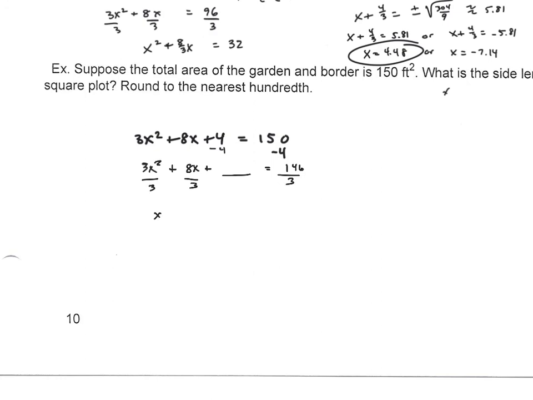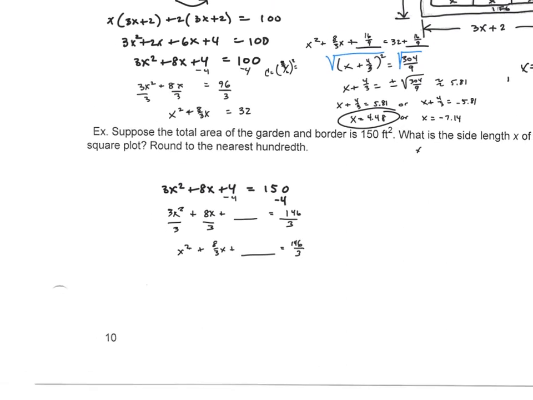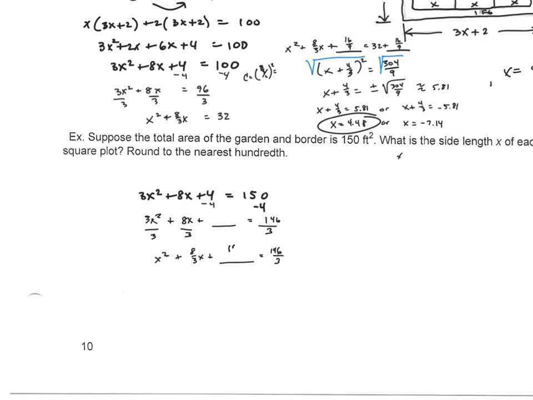And I'm going to have x squared plus 8/3 x equal to 146 over 3. And then, of course, half and square it. So we're going to get 16 over 9 again. And what's 146 times 3? That's going to be 438 over 9 plus 16 over 9.